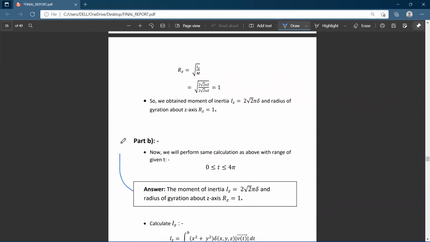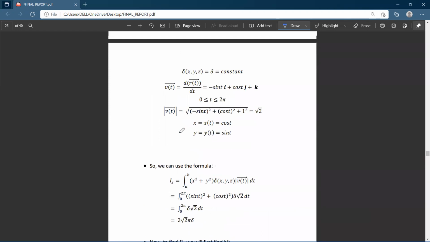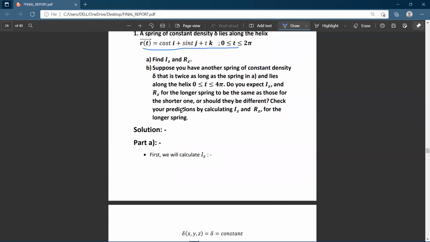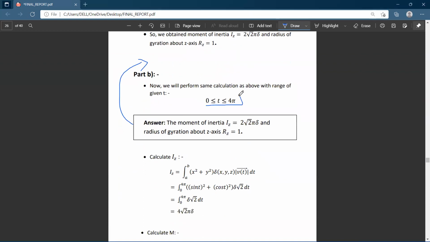Again, the alignment slightly changed, sorry for that. Now it is part 2. Suppose another spring of constant density delta is twice as long as the spring in part A, so we calculate for a spring twice as long. Similarly, this time the limit changes to 0 to 4 pi.